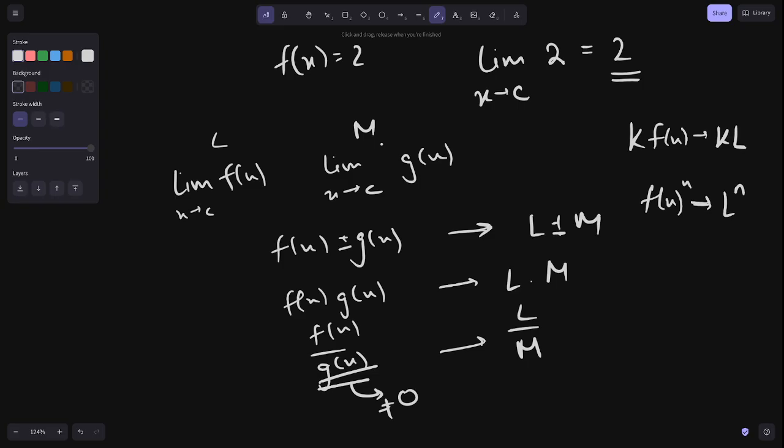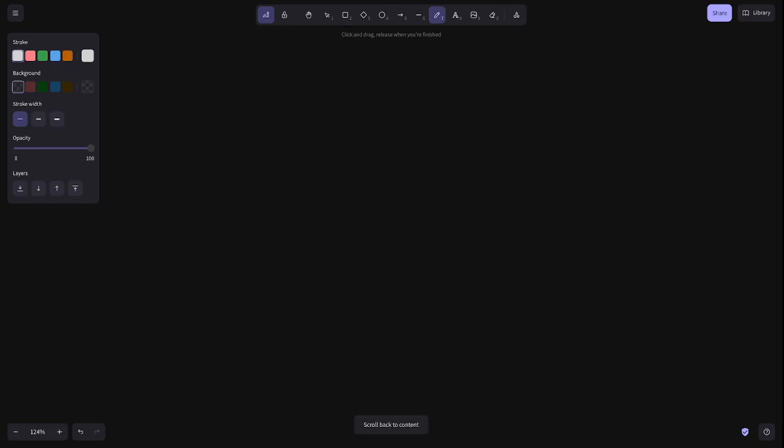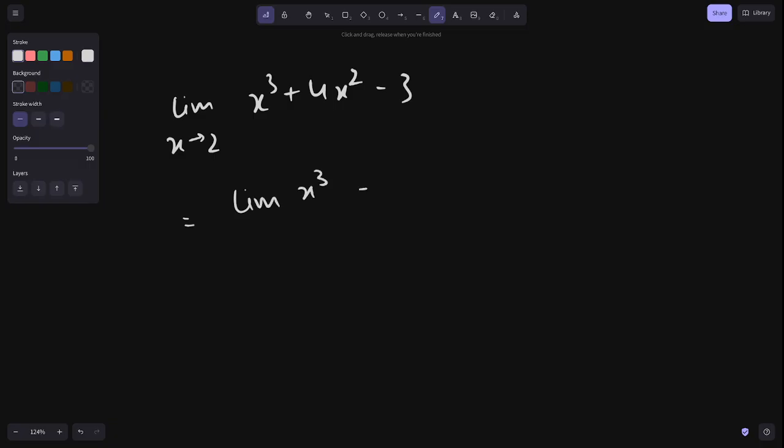So these things exist. For example, let's say I have limit x tends to 2 of x cube plus 4x square minus 3. Using that rule, what will I do? I'll do limit x cube. You don't have to write LIM every time.